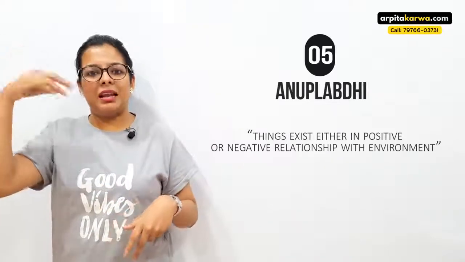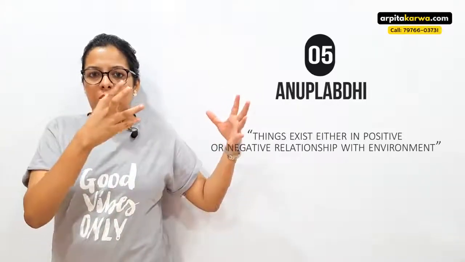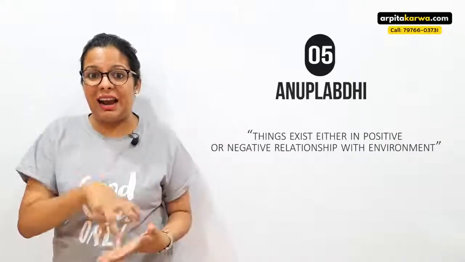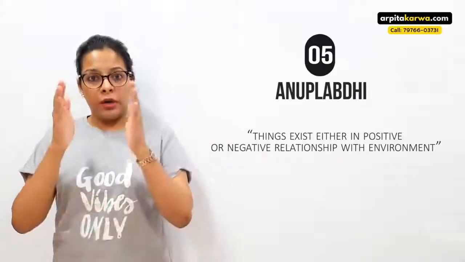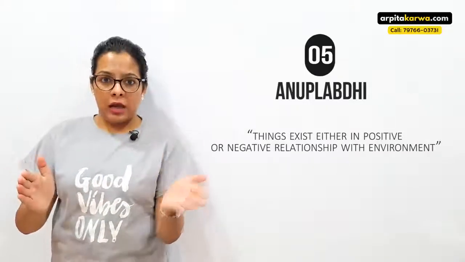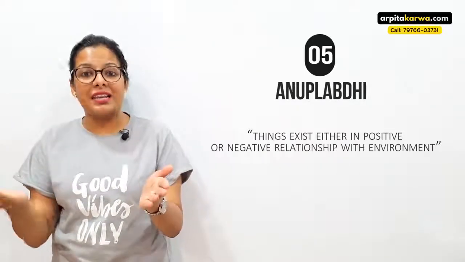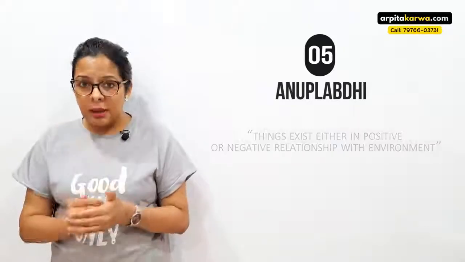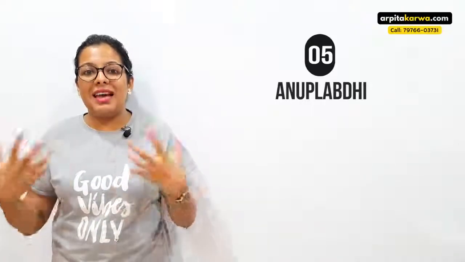If there's another person who doesn't come in front of me, that means that person doesn't exist right now in my room. So anything can have either a positive or a negative relation to the surroundings. According to anuplabdhi, something which you cannot see must be regarded as absent.